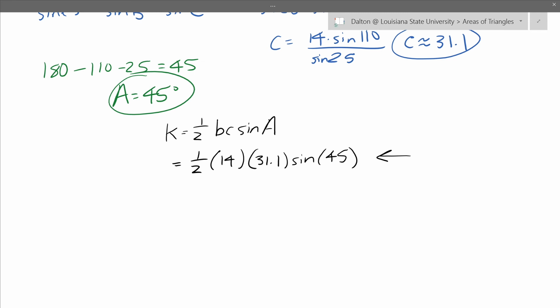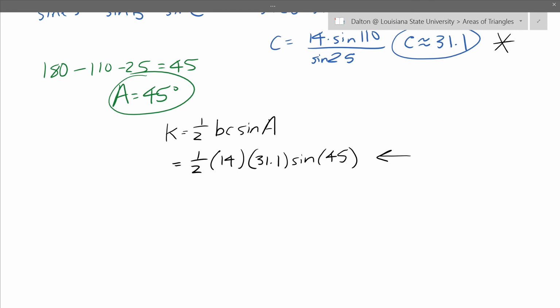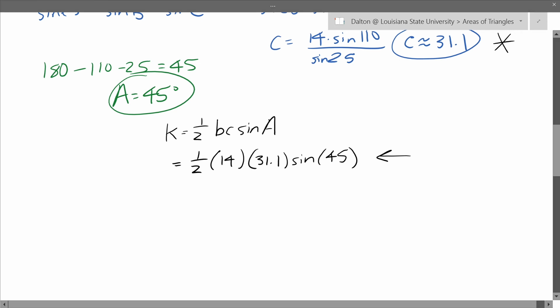So if I were you, hopefully you still have this crazy decimal value in your calculator because you just computed it. I would just hit times, like if you keep on typing and you just hit times, your calculator screen will actually say Ans, which is going to know that it's talking about the 31.1 and so on.